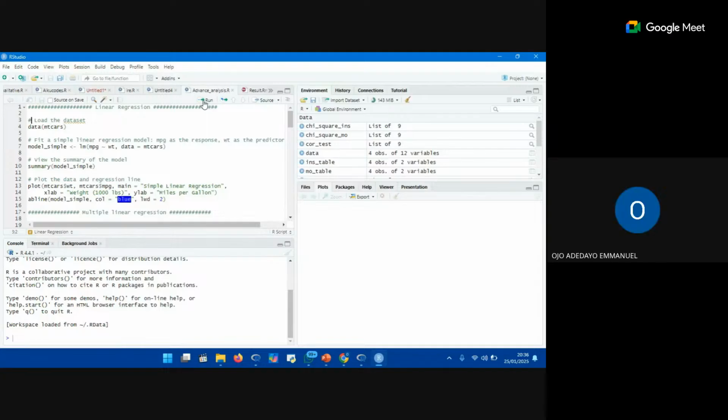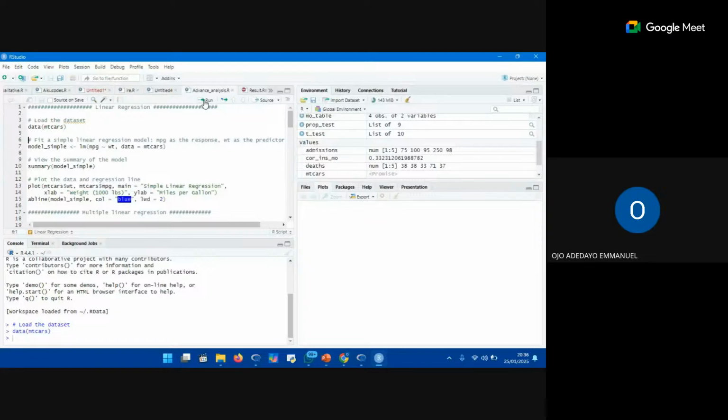So this is where you will normally run it. There is no Control R here. So once I press this, we have the loading data mtcars. The data is here already. If you look at the data, this is the mtcars.